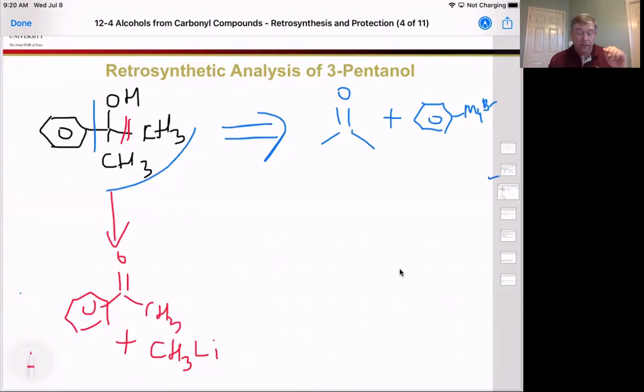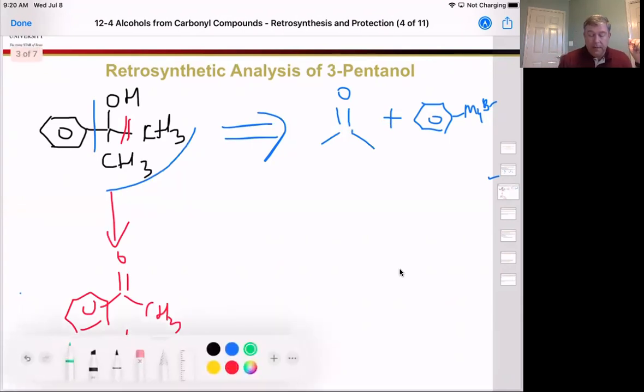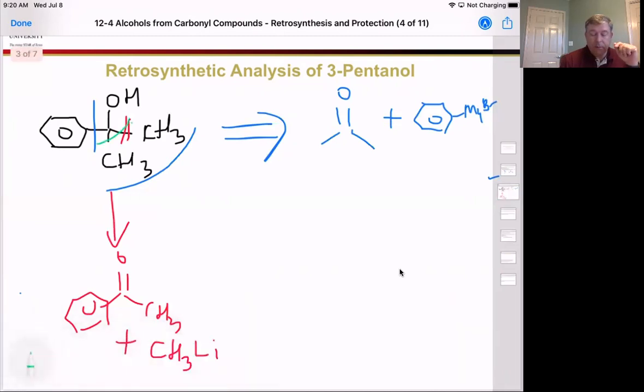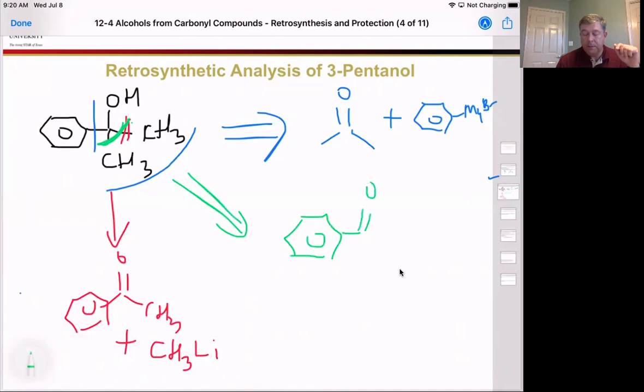But the other thing we could do for this here is, because it's symmetrical, we can cut both of these off and start with instead an ester or acid chloride and generate a compound that looks something like this, plus two equivalents of methyl magnesium bromide.